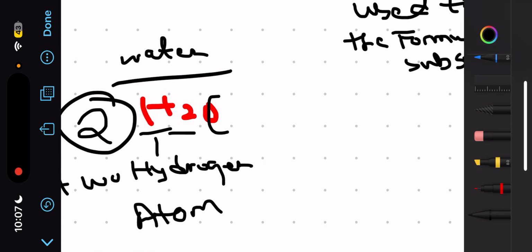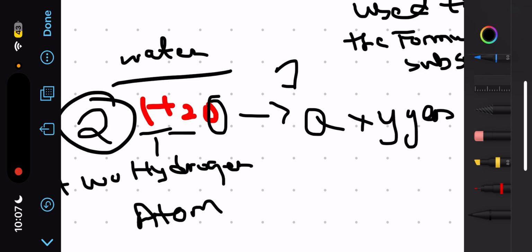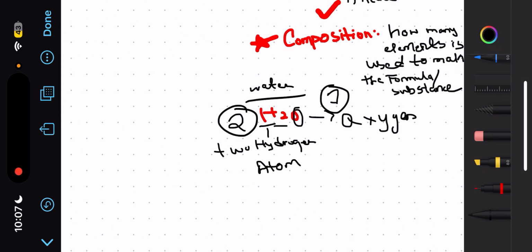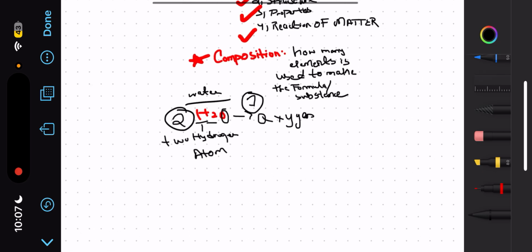This O represents oxygen, so it shows 1 oxygen atom. So how many elements are there in water? There are 3 atoms, 2 are hydrogen and 1 is oxygen. This thing we discuss in chemistry in the category of composition. I hope this is clear.